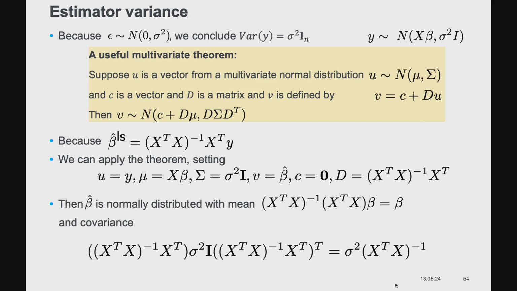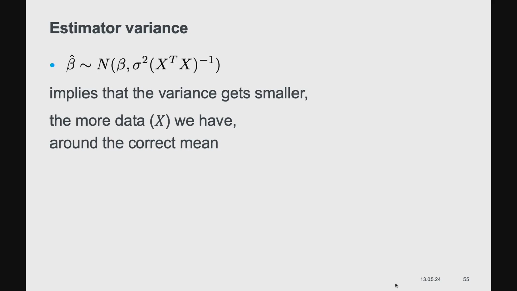And again, using our machinery and this multivariate theorem, we basically arrive at the variance of our original function times X transposed X to the power -1, which means overall our beta hat is normally distributed with a mean of beta, which is the original true inclination of our function, and the original variance but times this inverted matrix.